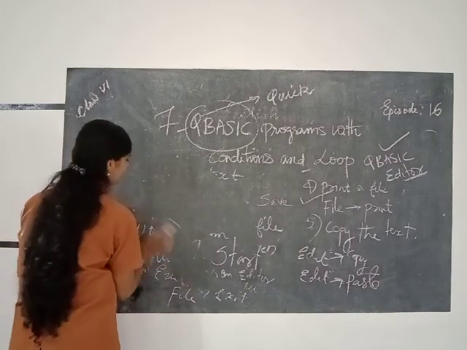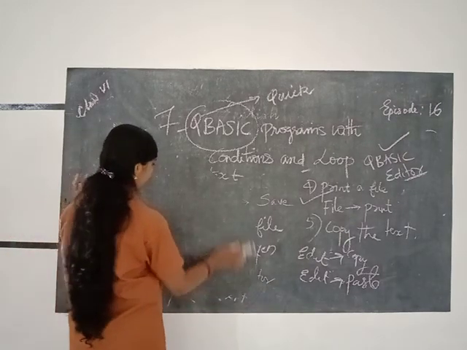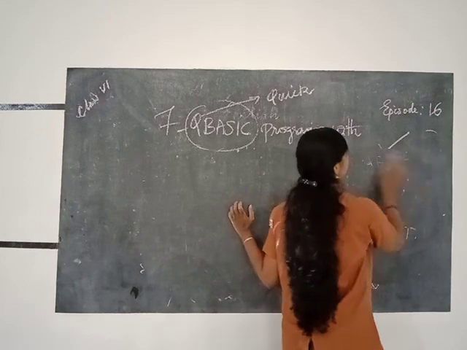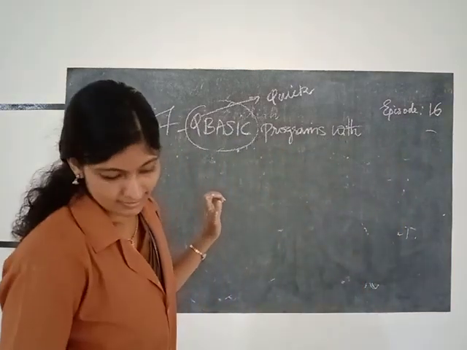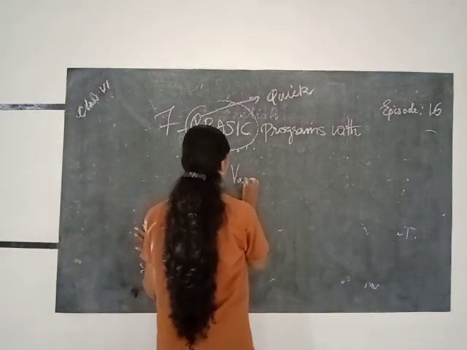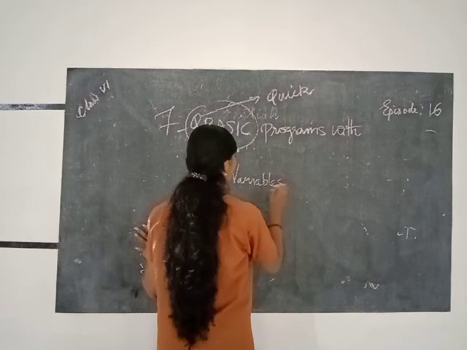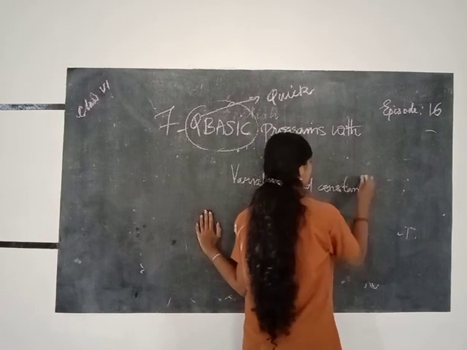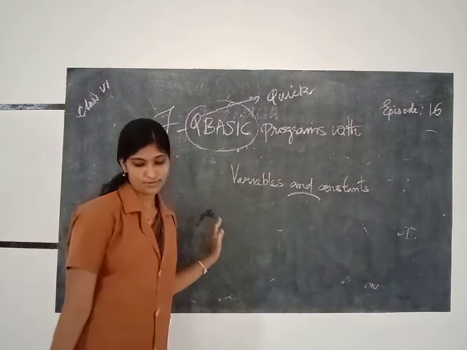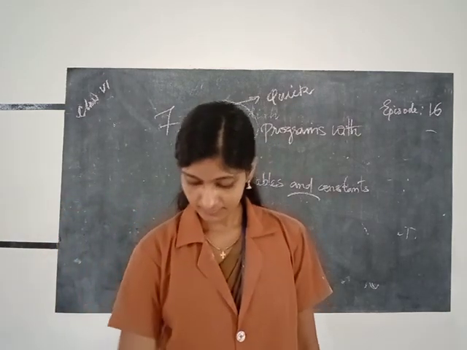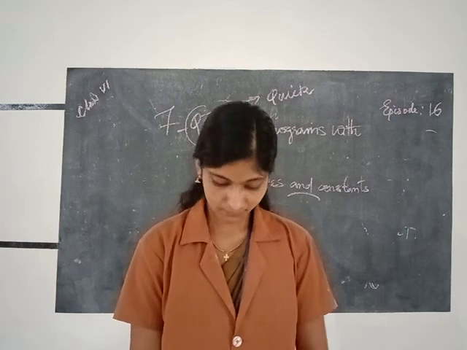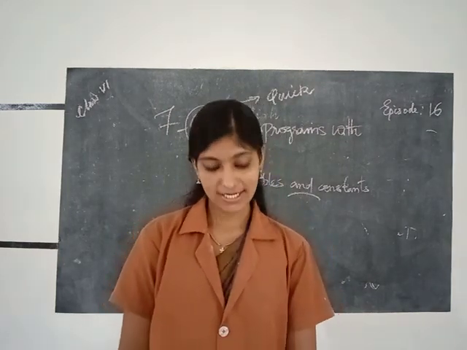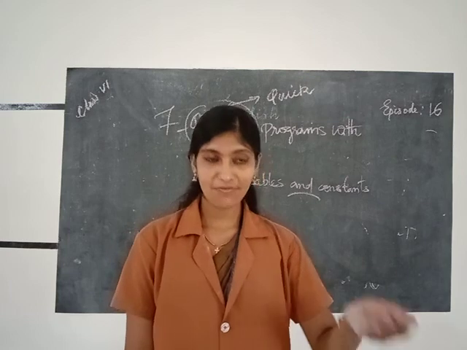So next topic, variables and constants. A variable means, for example, on a weight scale, as you keep on adding things, the weight keeps on increasing.